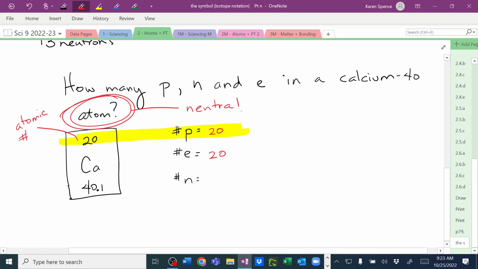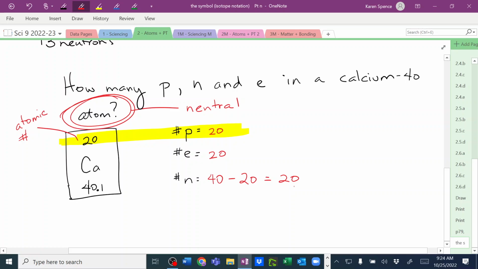And finally, how many neutrons do we have? 40 minus 20 is equal to 20.